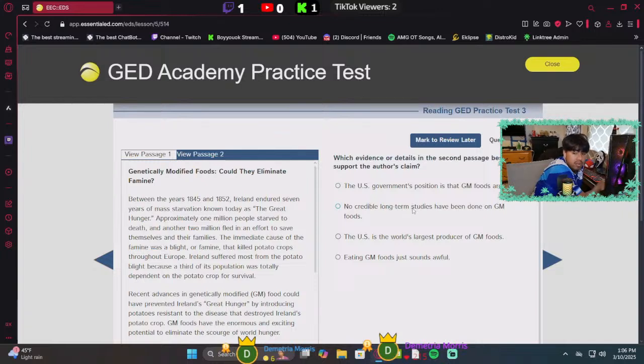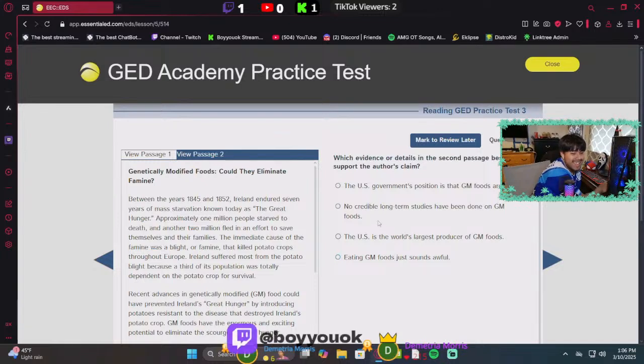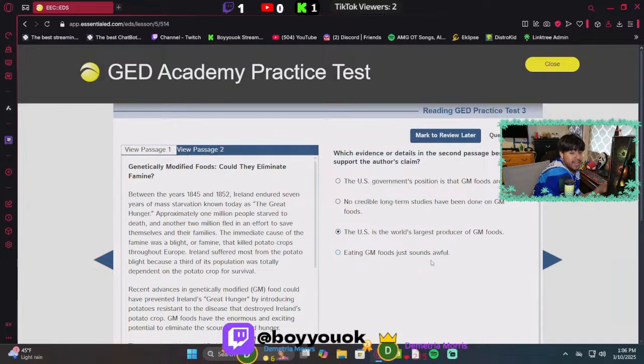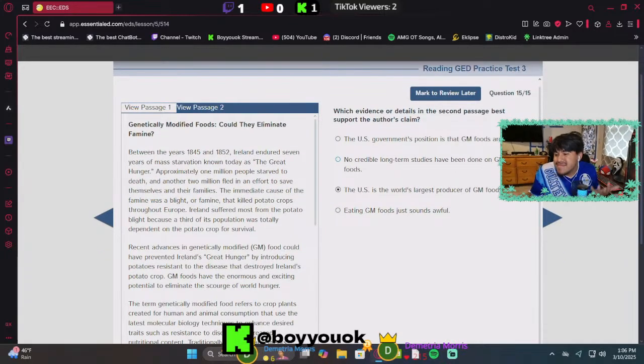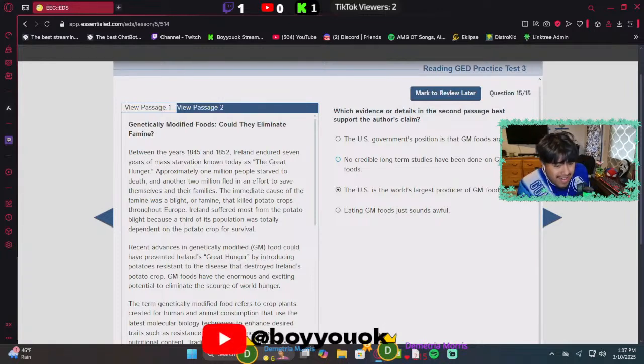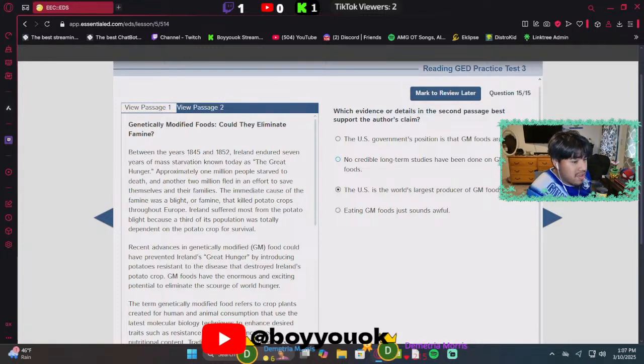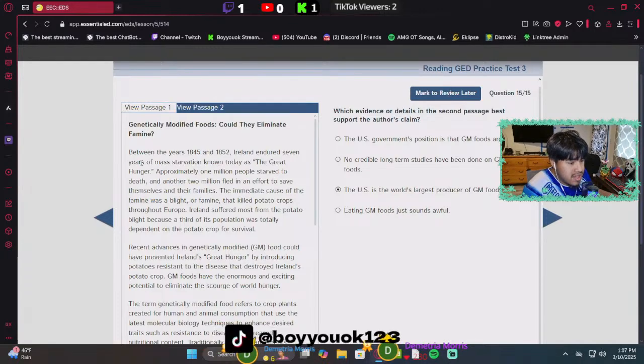Be a good boy, go crazy. Eating GM foods just sounds awful. The U.S. is the largest producer of GM foods. Let me see. Europe.